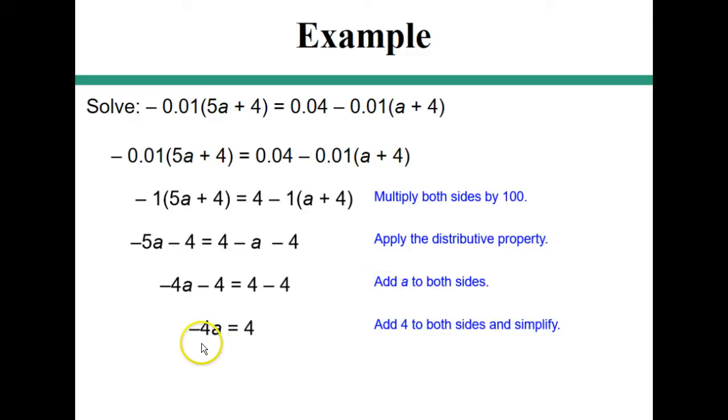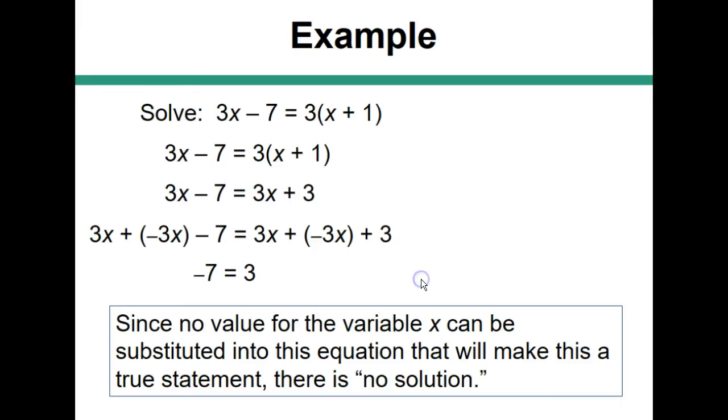And now to get a positive a, we're going to divide both sides by a negative 4. And we end up with an answer of negative 1. Now if you put the negative 1 in this equation or this equation, it will make it a true statement.